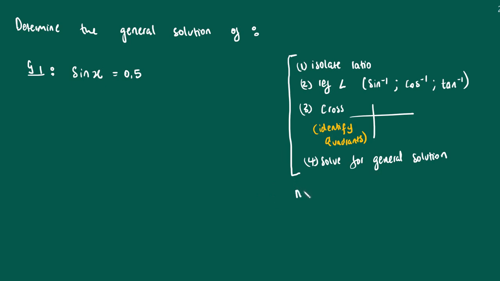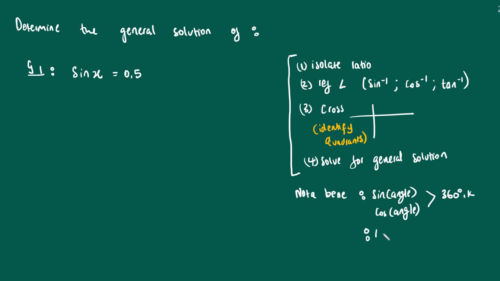Nota bene, NB: for sine of an angle and cosine of an angle, we are going to use 360 degrees times k.